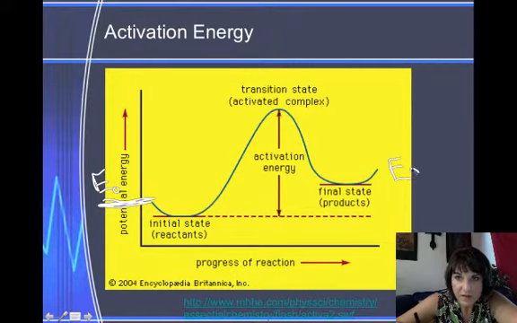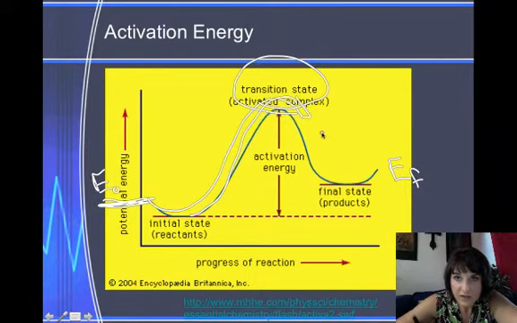We'll call this E sub F. To get our reactants from reactants to products, they first have to go up and increase their energy. Right here at the peak is where we have that transition state, the activated complex. And as the reaction progresses, more and more molecules get over this barrier and turn into products.